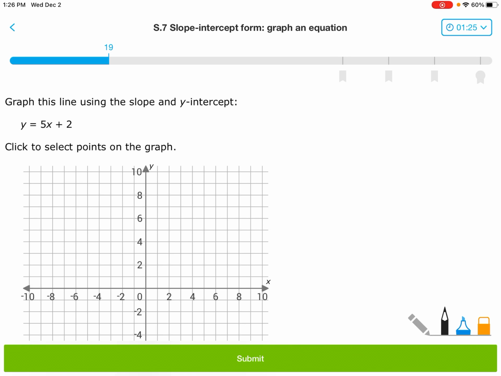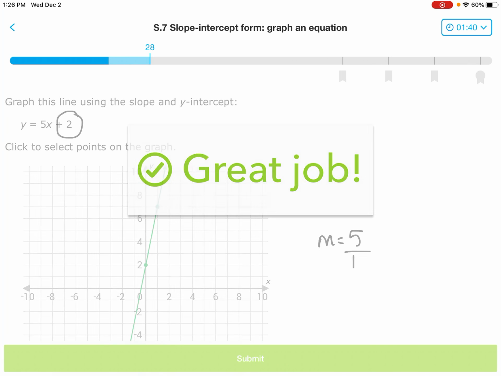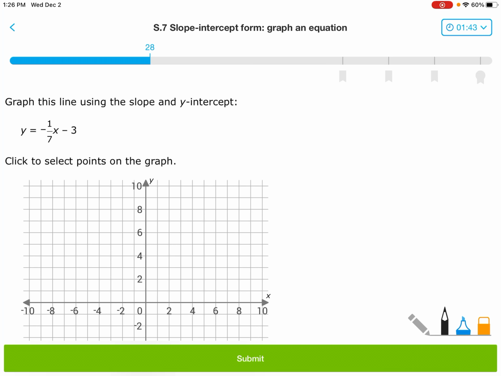Another example: start with your y-intercept, and now your slope. My slope is 5/1, so up 5/1. Submit. All right, so that's S7.